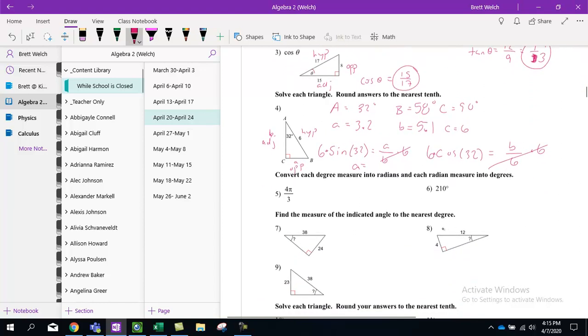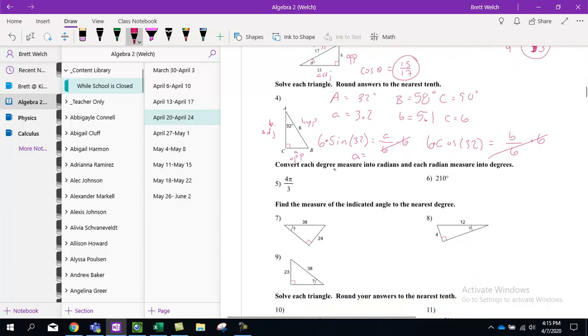We can move forward. The next two are about converting from radians to degrees and degrees to radians. The reality is we're always multiplying by 180 and pi, but we're creating a fraction out of them. If pi is in the problem, we're going to put pi on the bottom. The goal is to actually cancel them. So we have 180 over pi.